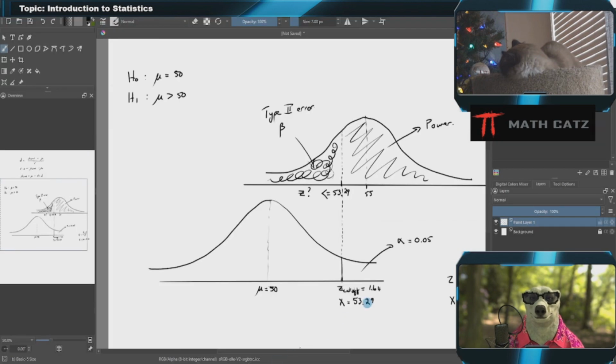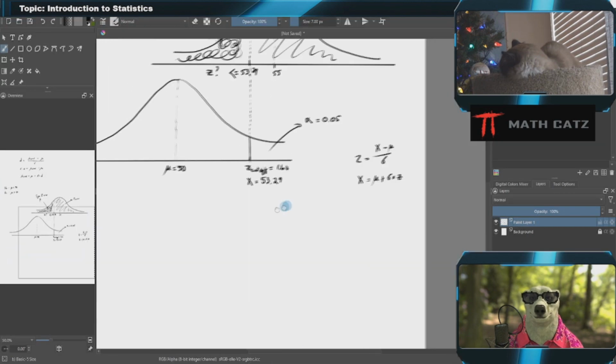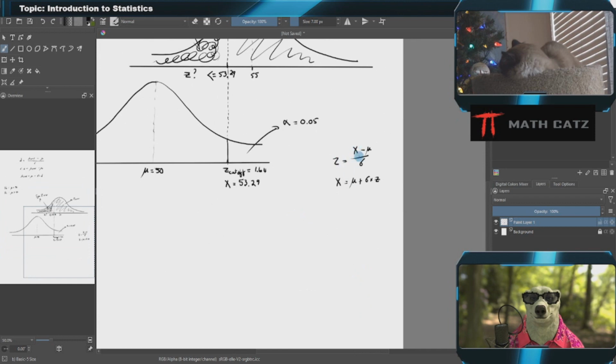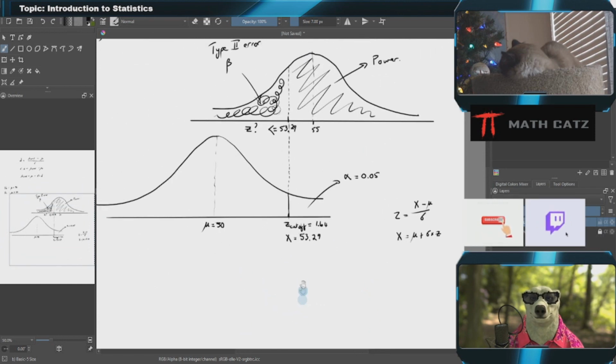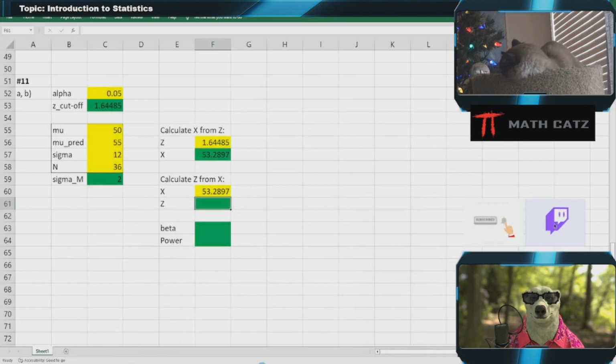Now remember, we did it over here. We showed those two formulas over here. So that's the top one now that I'm going to use. So let's put that in. It is the raw score minus the mean for that distribution, which is 55, divided by the same sigma m for the distribution of means, which these are.